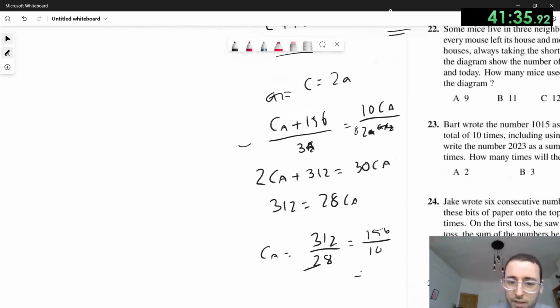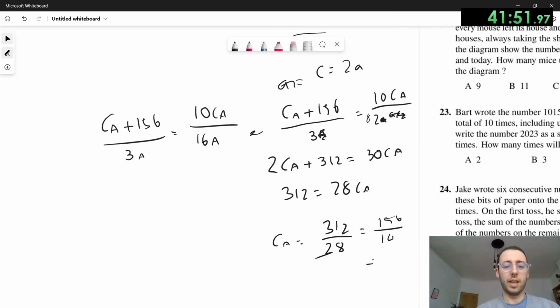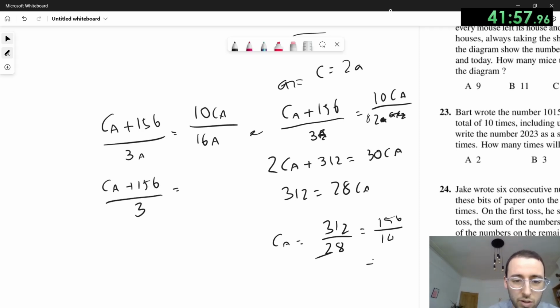Let's look back at this. Sum of the children plus 156 over 3, the amount of adults, is equal to 10 lots of the sum of the children ages over 16, the amount of adults. Okay, if we do some cancelling, we've got CA plus 156 over 3 equals 5 over 8 CA.